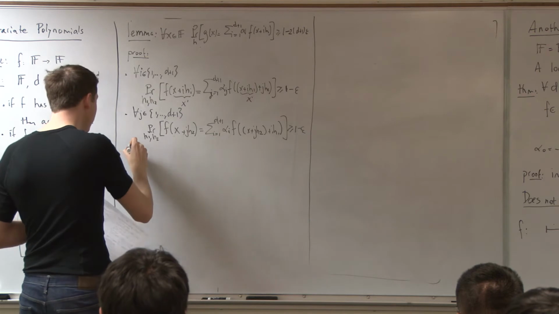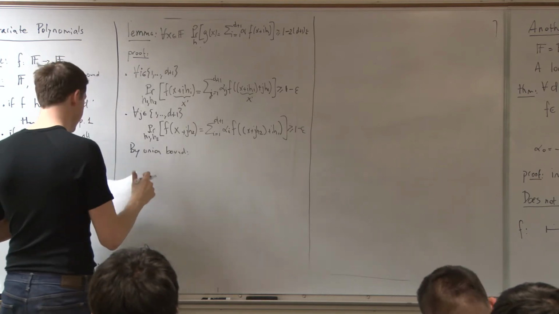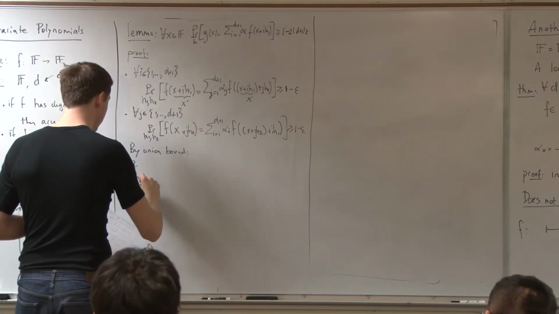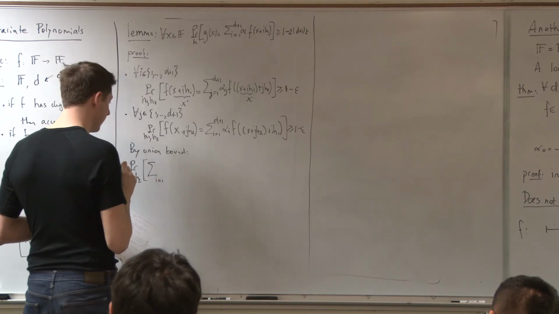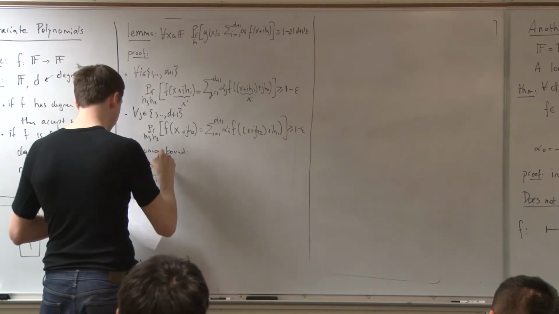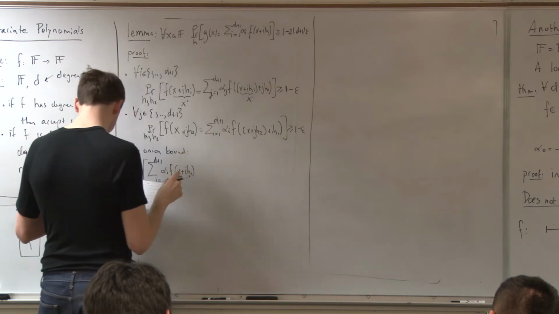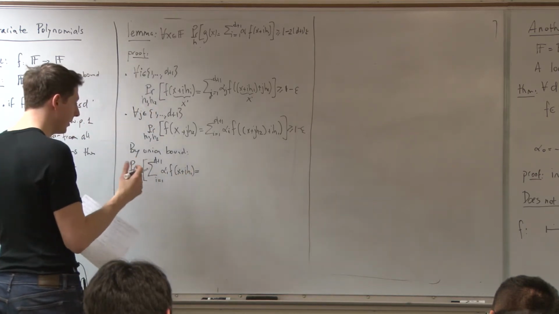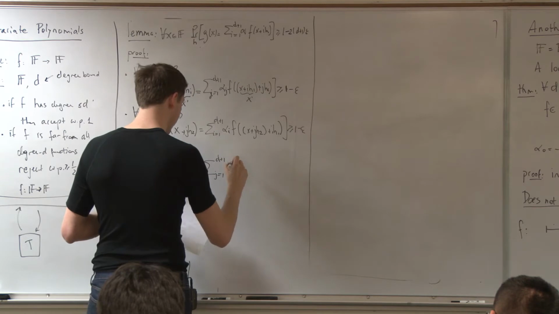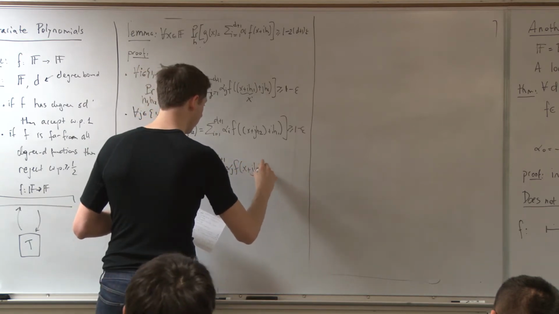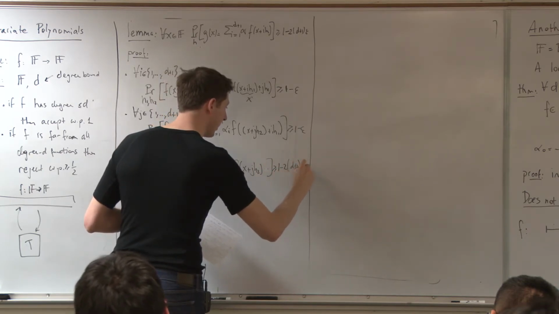But now, by union bound, what happens is that the probability over h1 and h2 that the sum from i equals 1 to d plus 1 of alpha i f of x plus ih1 equals the sum from j equals 1 to d plus 1 of alpha j f of x plus jh2 is at least 1 minus 2(d plus 1) epsilon.